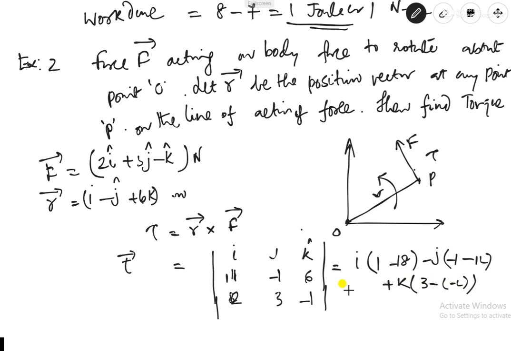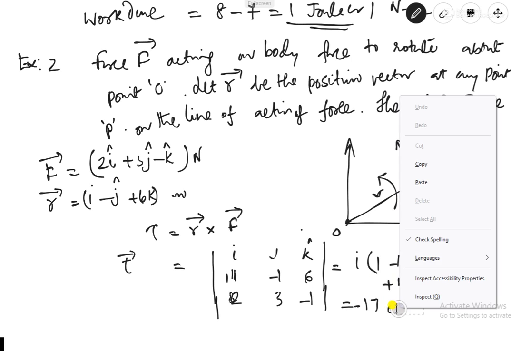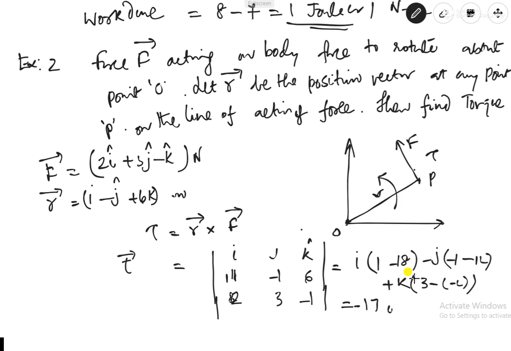So that is equal to minus 17i plus 13j plus 5k. So this is the torque vector: minus 17i plus 13j plus 5k.